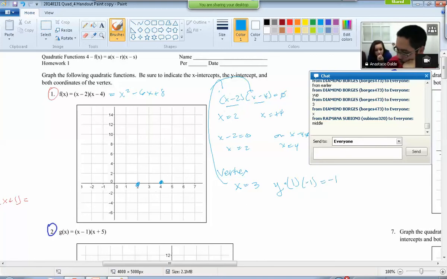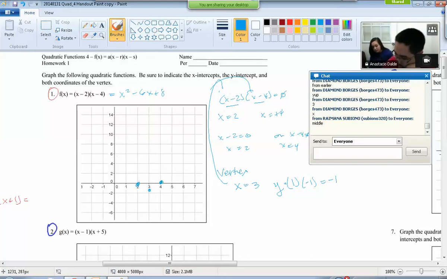So apparently my vertex is right here. Those 3 points alone tell me what this parabola looks like. It looks like a regular parabola shifted over to the right 3 units and moved down 1. Oh, you're right, I did put the wrong sign there.